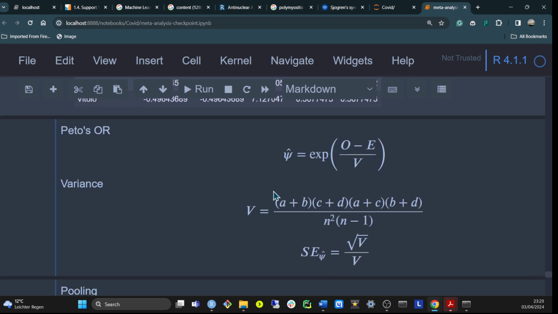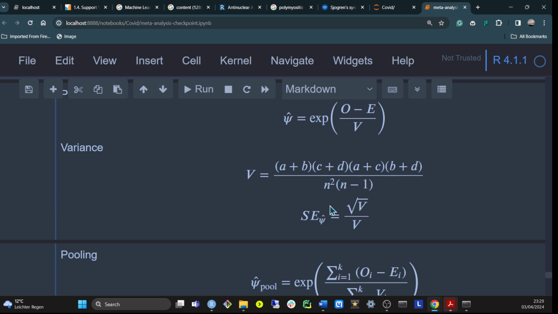The next thing is we need to calculate the variance, and for the variance we need the total population, and we need all these values, of course. Afterwards, it's simply multiplying the row 1 total, column 1 total, column 2 total, and row 2 total, divided by n squared, that means this squared, times n minus 1.